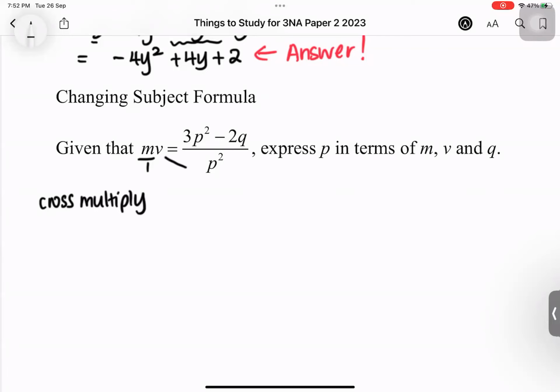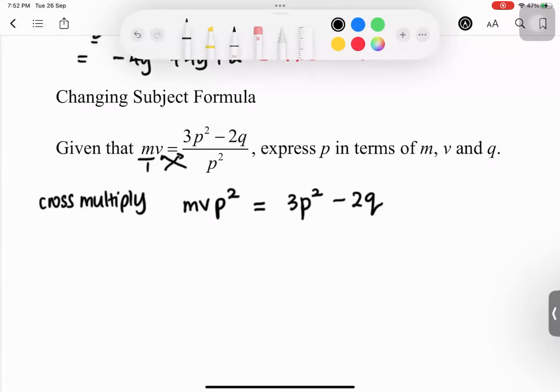So when we cross over, the equal sign stays in the middle. You stay with the equal sign, multiply over, mp squared, 3p squared minus 2q. Then after this, let's check.